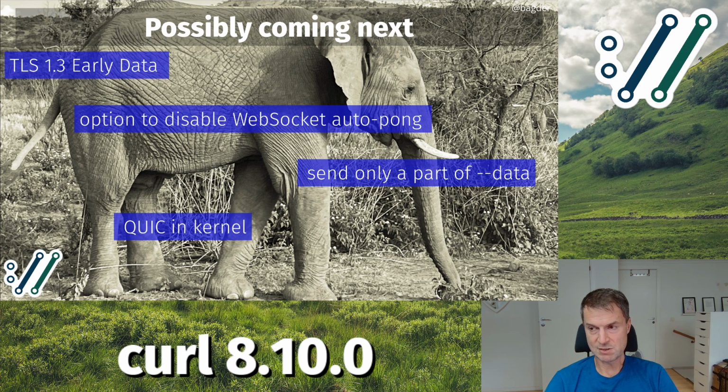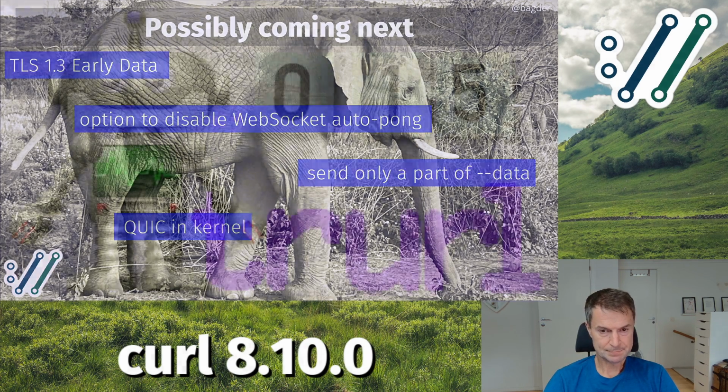But if done so, and only when that happens, this will be more interesting, right? Because then a huge part of the QUIC protocol would be able to get done in the kernel, and only a part of it would be done in user space and then in, for example, curl.